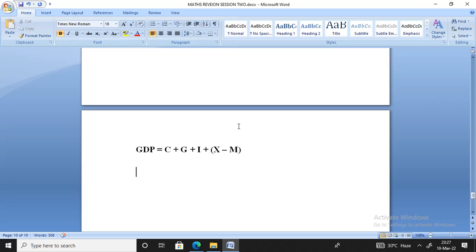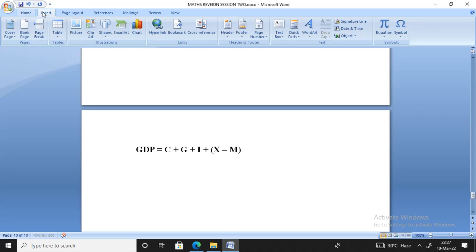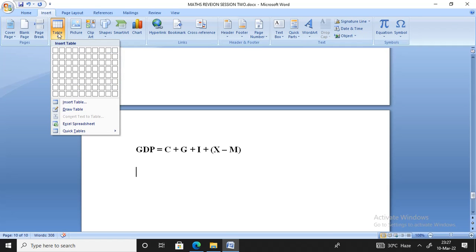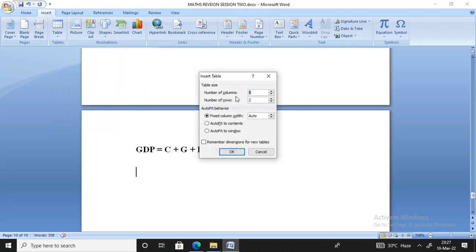We'll apply this formula in a vertical column, where we get consumption expenditure, government expenditure, investment, and net exports. So let's insert a table that we are going to work with.